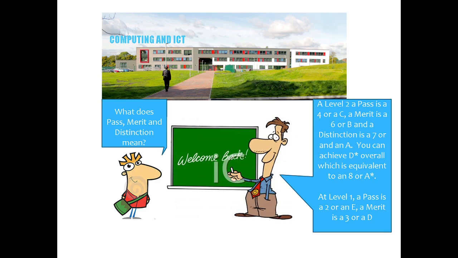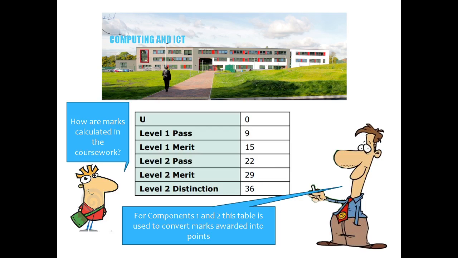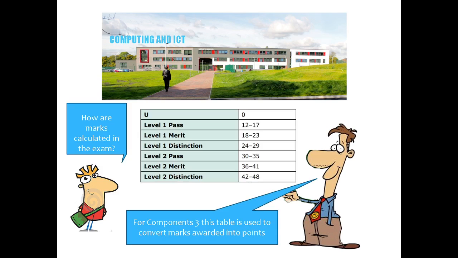A pass at level 2 is a C, a merit is a B, a distinction is a 7 or an A. You can also achieve a D star, which is equivalent to an 8 or an A star. Your marks for the coursework assessed components 1 and 2 are converted into points. These points then get added to the points that you achieve in the exam.